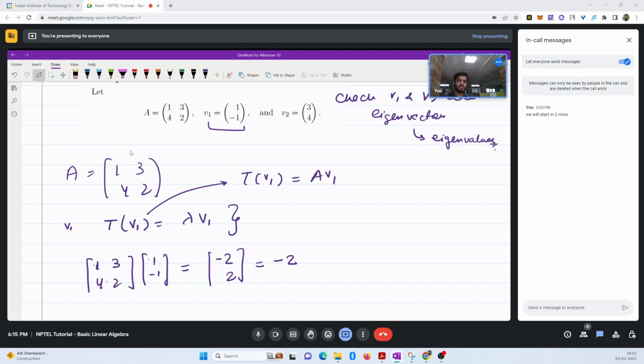This is minus 2 times 1 comma minus 1. So what does this show? This shows that this v1 is an eigenvector with eigenvalue minus 2. Okay.